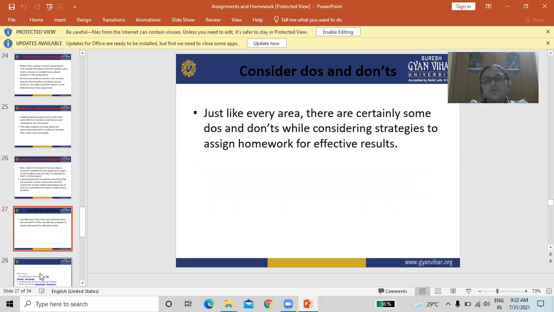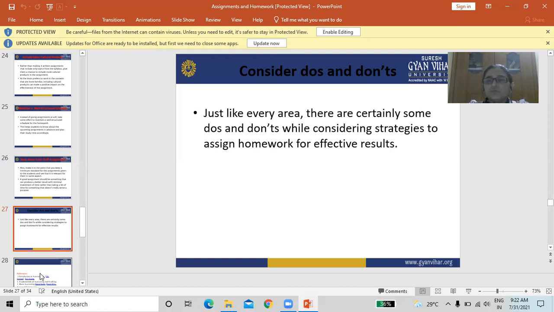Consider do's and don'ts. It's just like every area, there are certainly some do's and don'ts. It will consider strategies to assign homework for effective results.